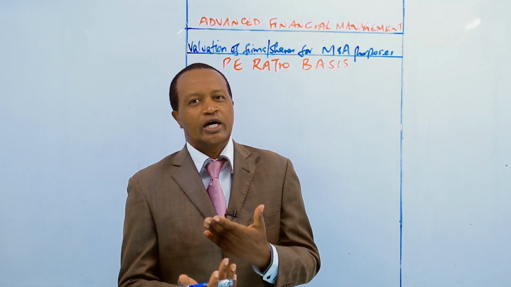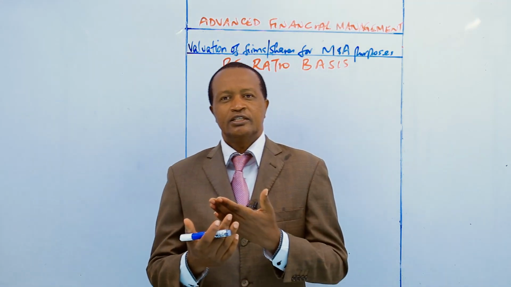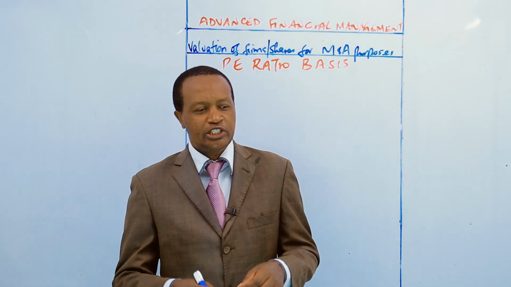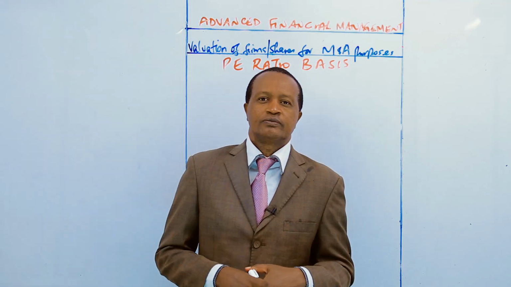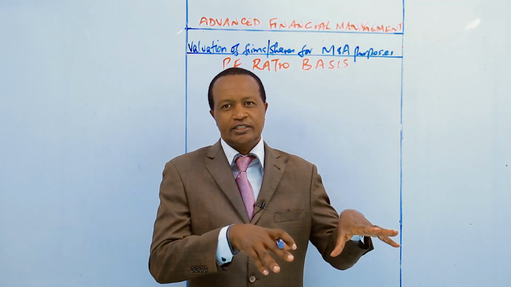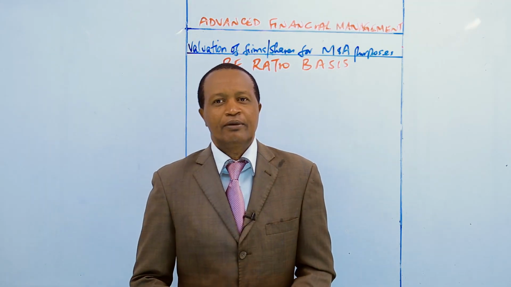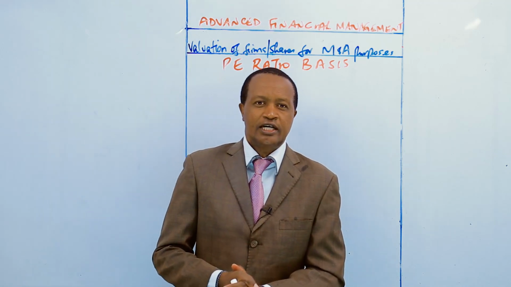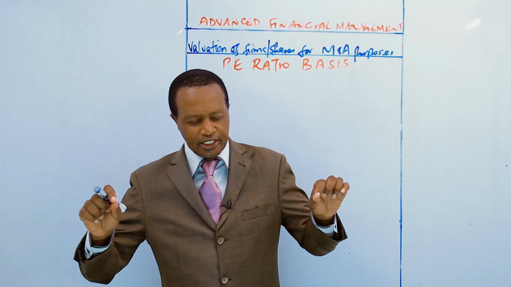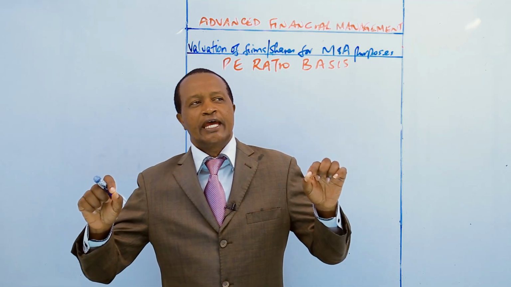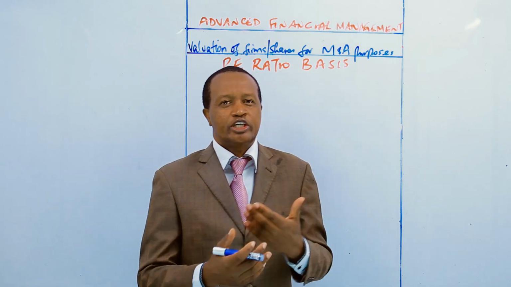The price to earnings ratio, candidates, is a widely used and often intuitive valuation multiple in the context of mergers and acquisitions. It is a market-based approach that helps assess the relative value of a company's shares. This basis, the PE ratio, expresses the relationship between a company's stock price and its earnings per share.